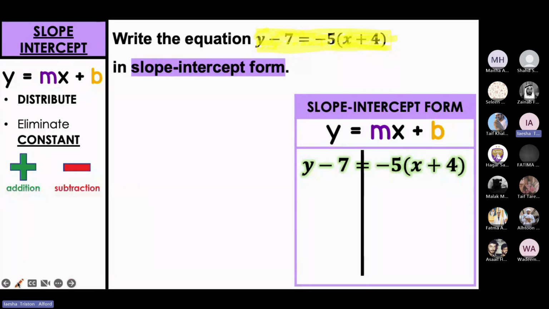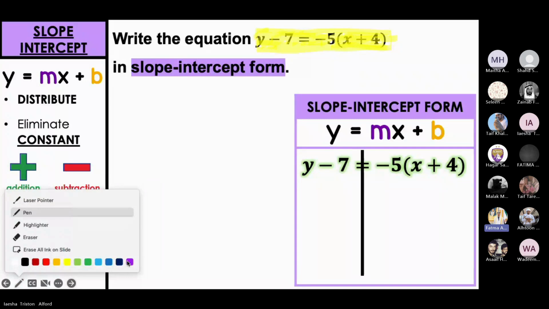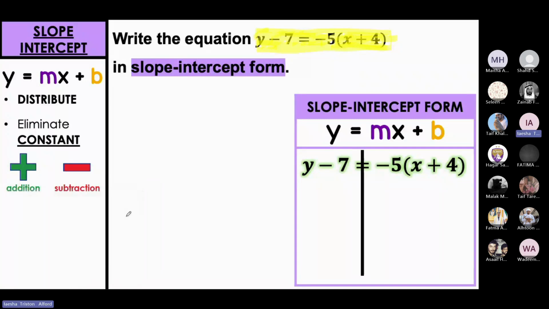Anybody know how to make it? What's the step? Multiply by -5, both inside the parentheses. -5 multiplied by positive 1x, and -5 multiplied by positive 4. Correct. Remember, if you need to multiply it on the side, that's a great idea, up to you.